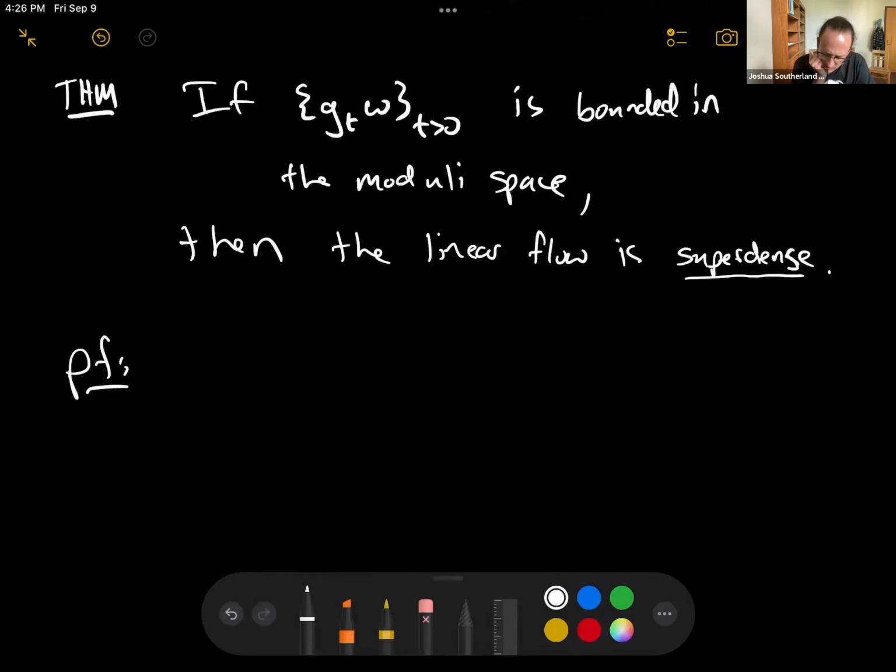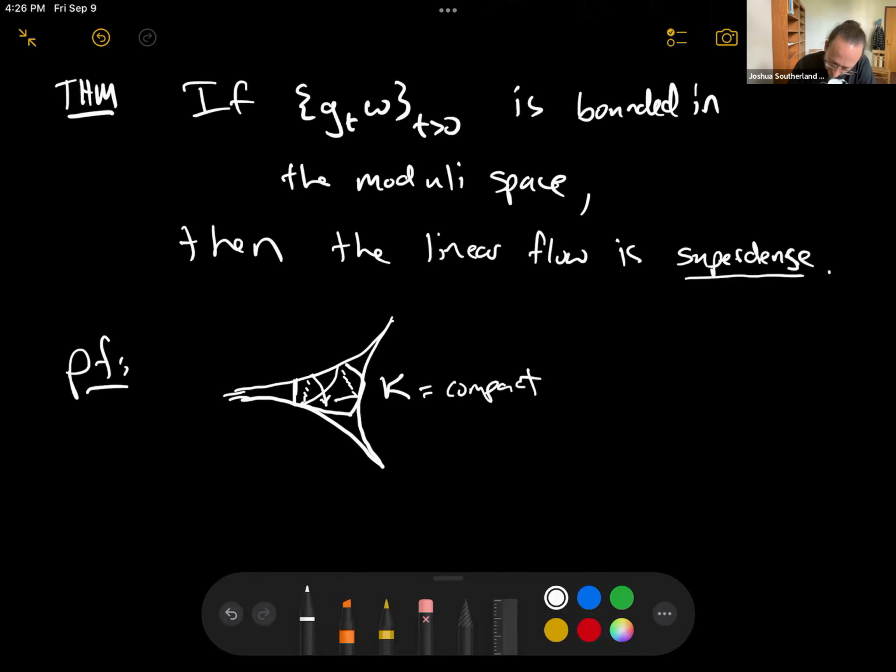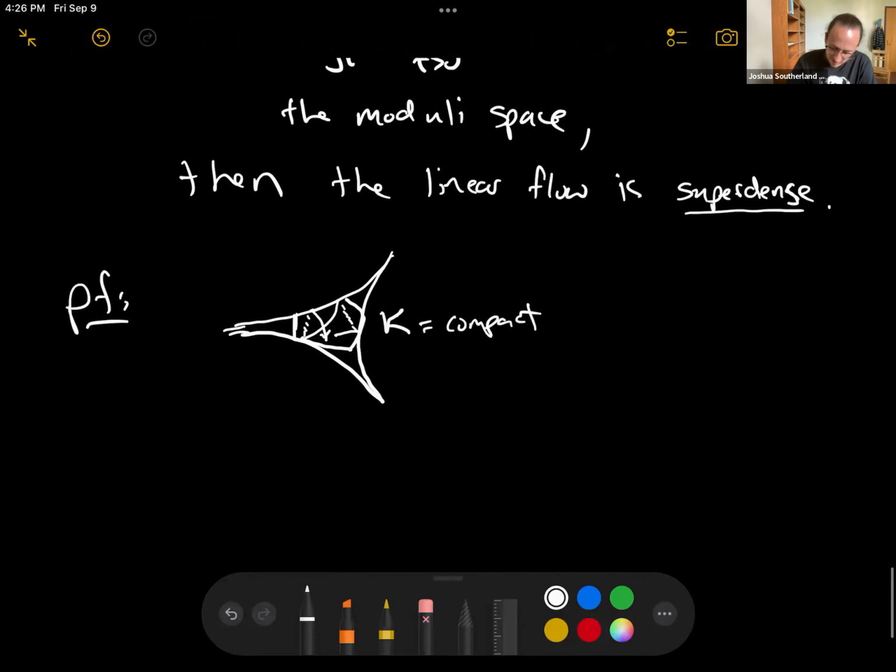So if this geodesic, so we're in some kind of moduli space, I'm not exactly sure what it looks like, but if this geodesic is bounded in the way that it's moving around, then it lives inside some compact set I'm going to call K. So g_t omega is living inside of this compact set.